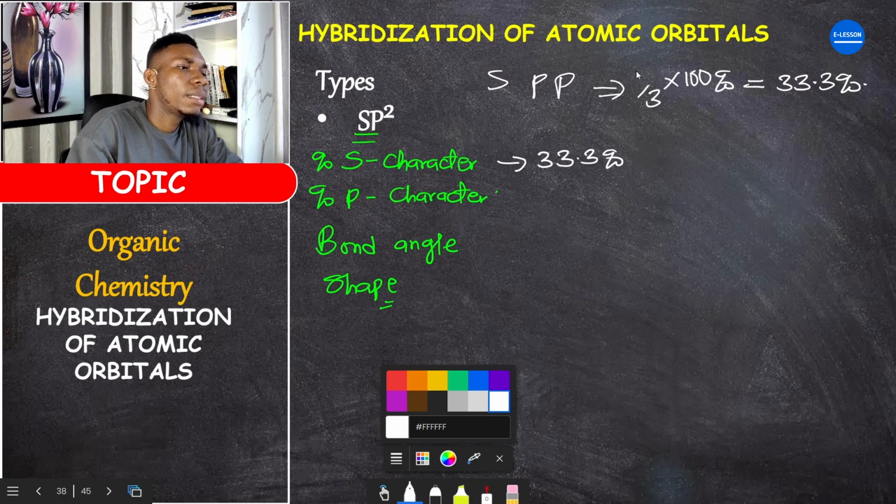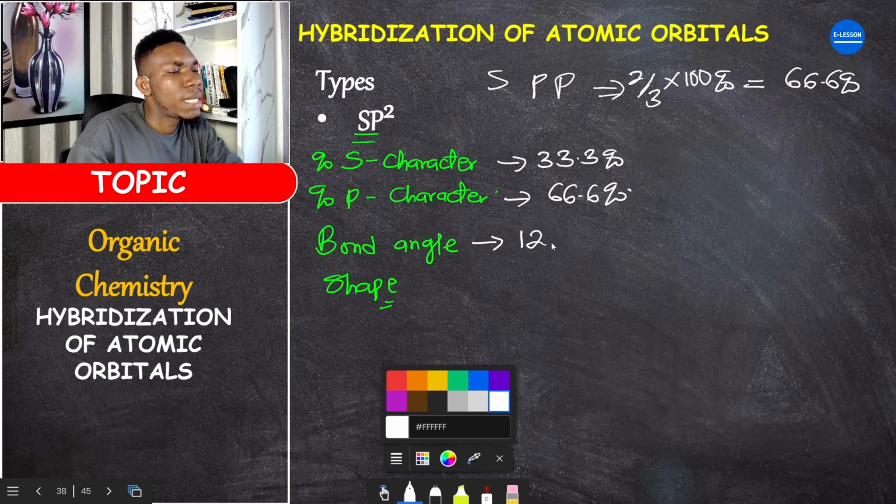P character is 2 over 3 times this, of course, which will give us 66.6%. So percentage P character, 66.6%. The bond angle is 120 degree. The shape is trigonal planar.